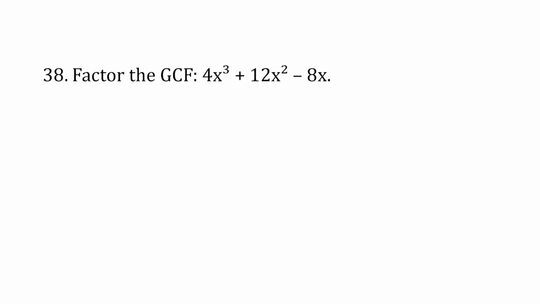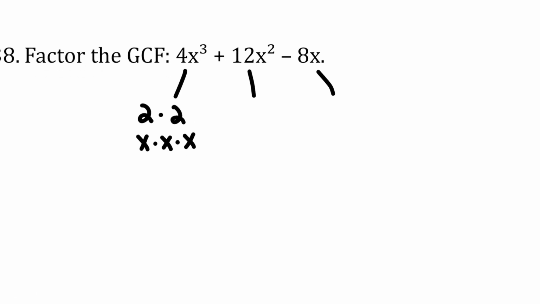We have 4x to the third plus 12x squared minus 8x. So let us factor. 4x to the third, that is 2 times 2. And we have x, x, and times x. 12, that is going to be 2 times 6.